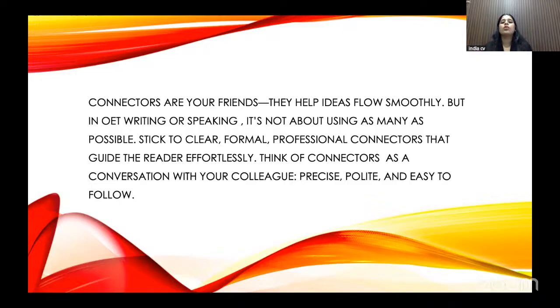See, here they've mentioned that you should think of connectors as a conversation with your colleague. If you are, let's say, a nurse and you need to explain some information to your colleague, it needs to be precise, polite, and easy to follow. However, if I overcomplicate my sentences, I'm going to use words that the other person may not understand.